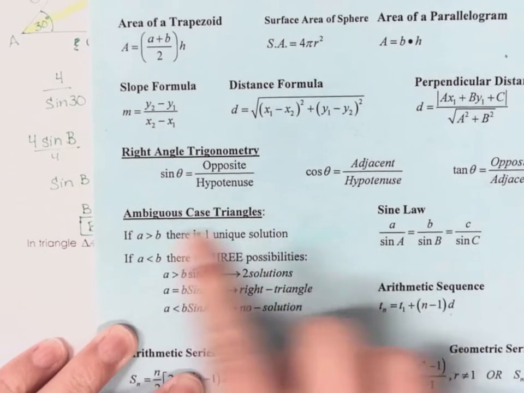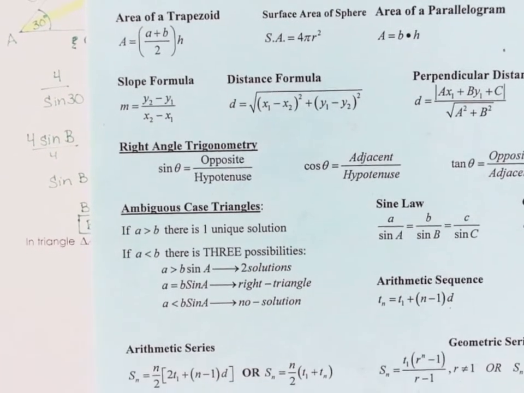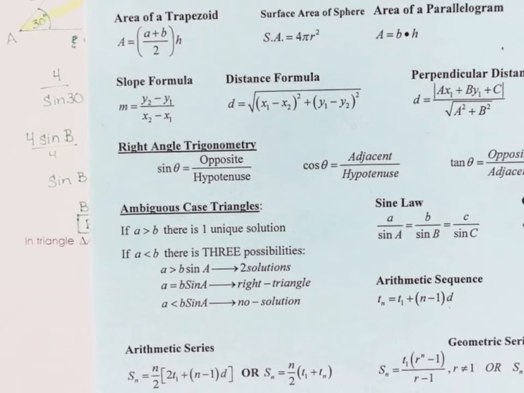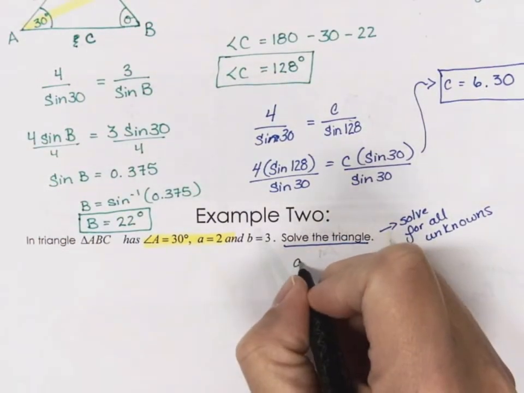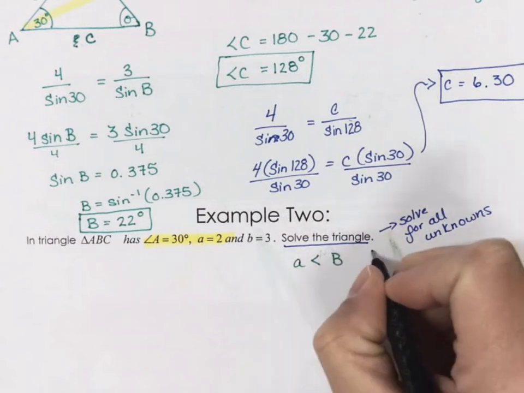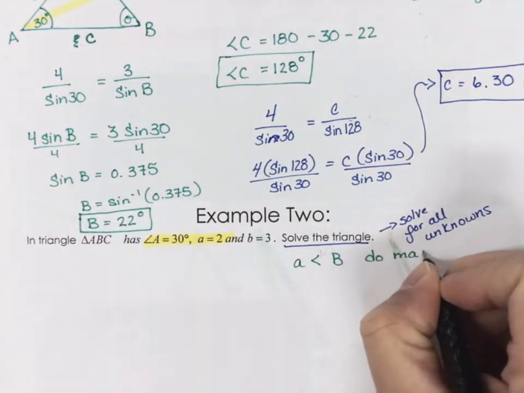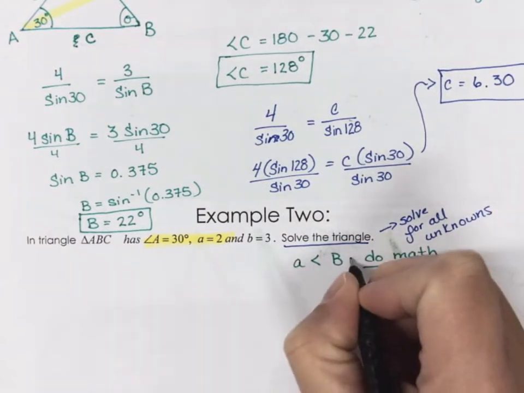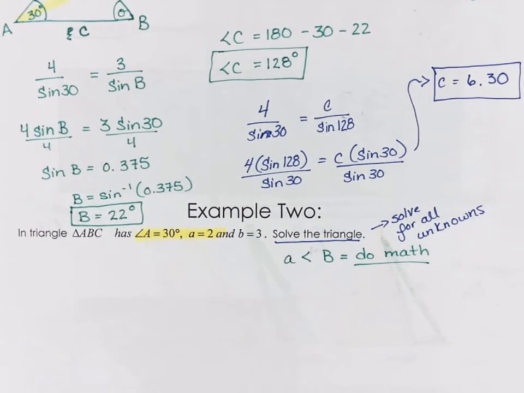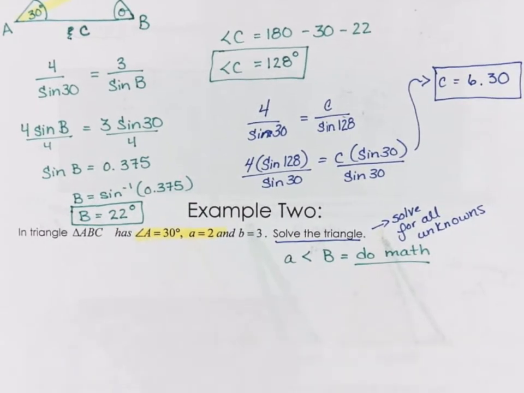Okay, so is A greater than or less than B? Okay, so A is less than B, do math. If A is less than B, you have to do some math. This is the math that I want you to do.